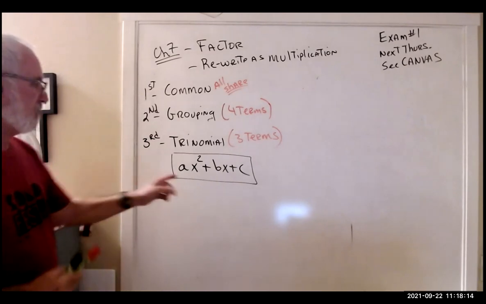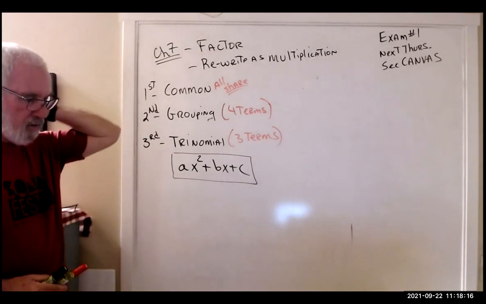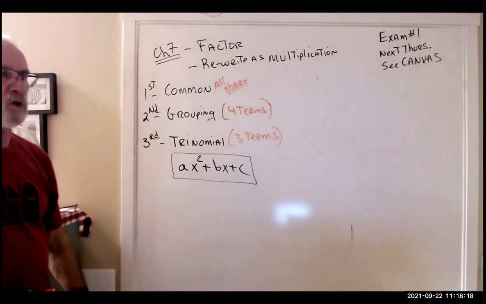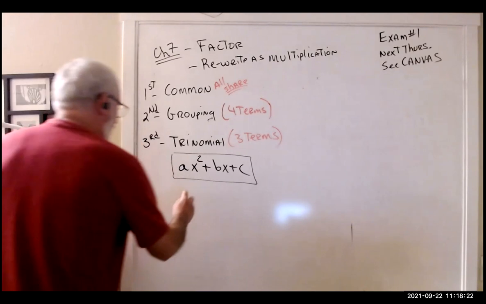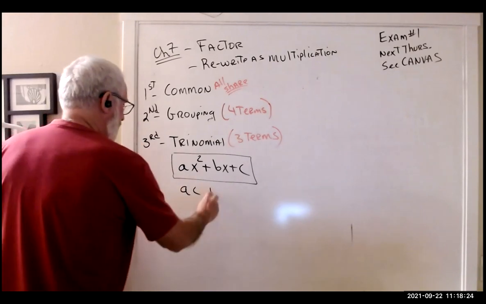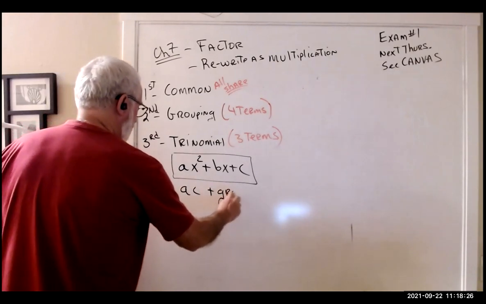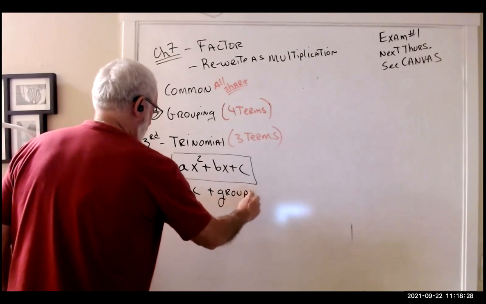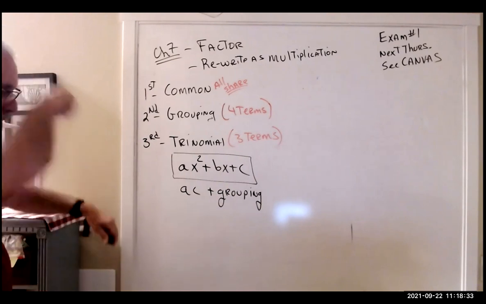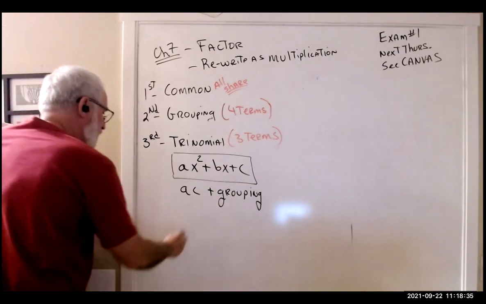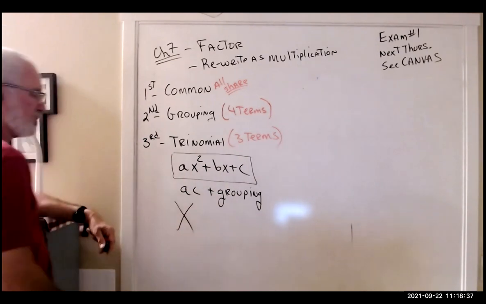Okay, so we have a trinomial. Now, we're going to use what's called the AC method, AC plus grouping. That's the technique we're going to use. Some of you have learned this as a cross.